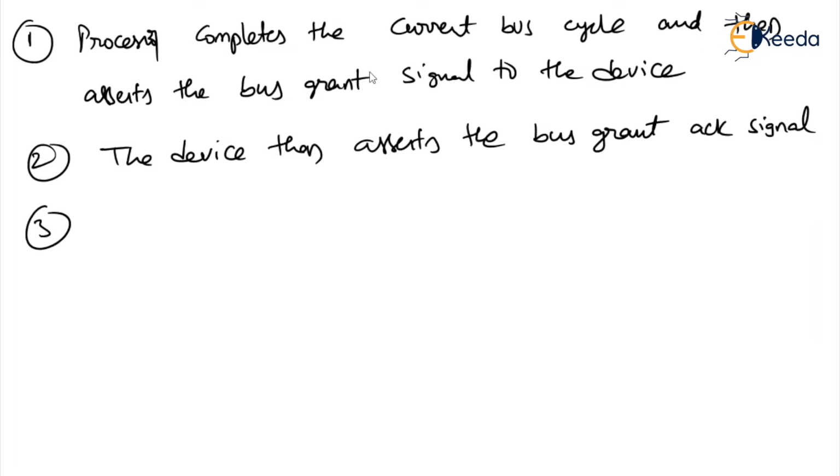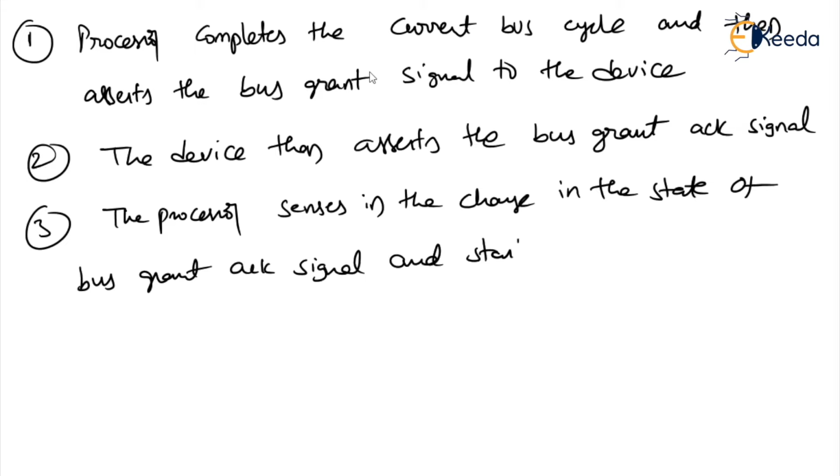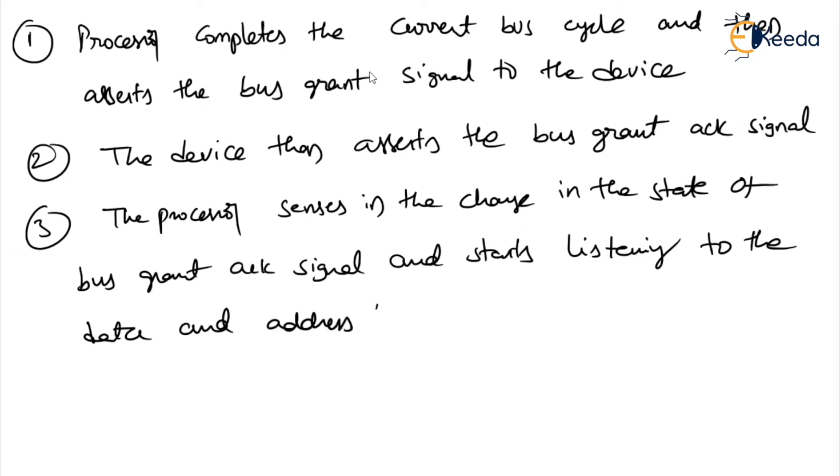Third, the processor senses the change in the state of the bus grant acknowledge signal and starts listening to the data and address bus for DMA activity.